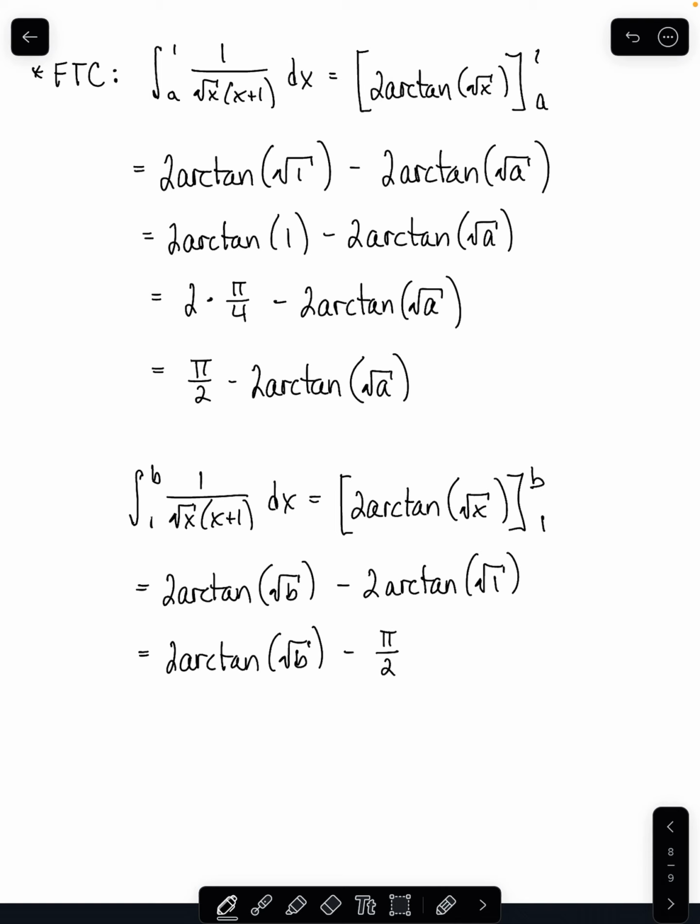And now that we have applied the fundamental theorem of calculus, we are ready to apply the limits. Remember that we need to be careful to pay attention to each separate integral, because if either one of them diverges, then the entire original integral will diverge.